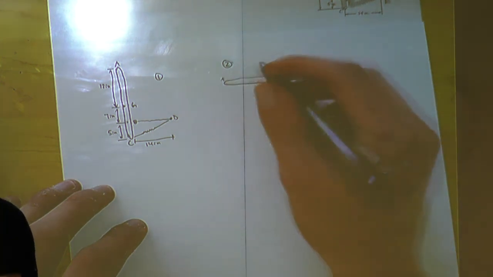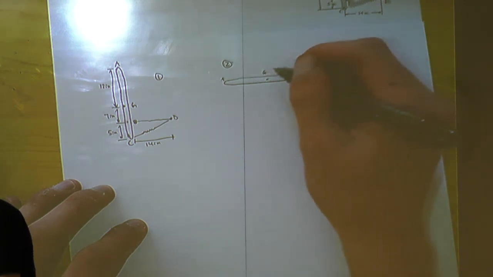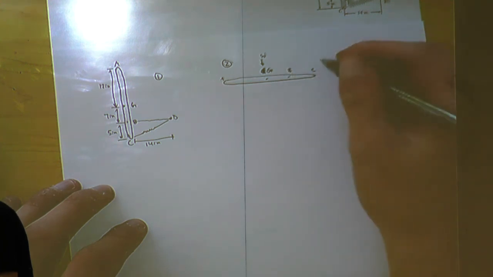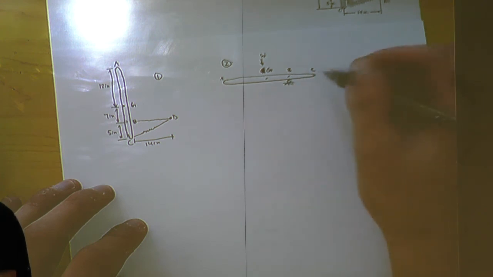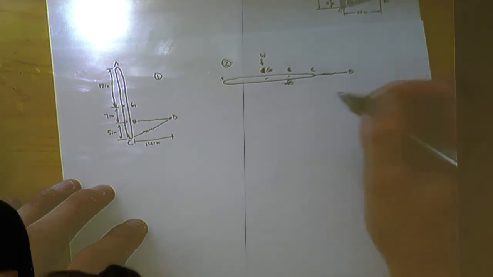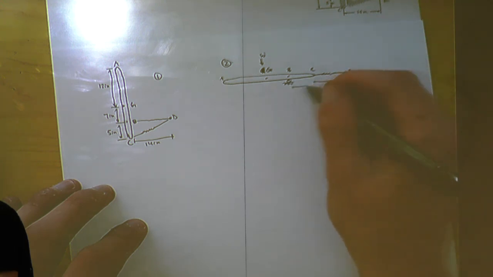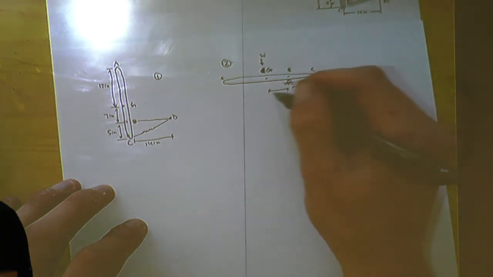Our second position here, we have A, G, the weight, B and C, and D. This will be 9 inches, 5 inches, and this is 7 inches.